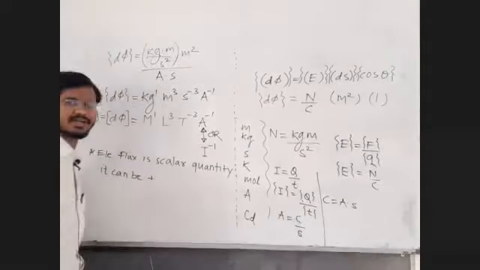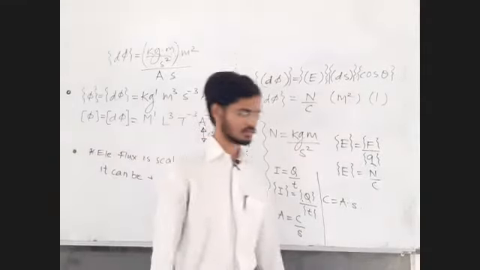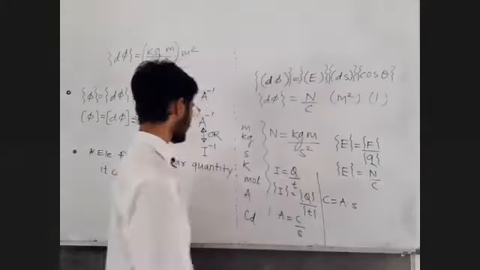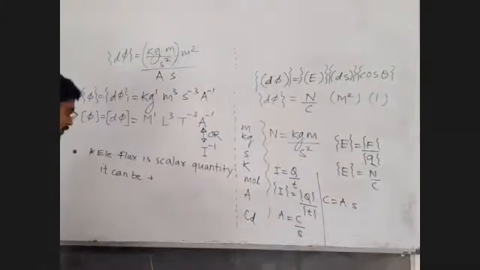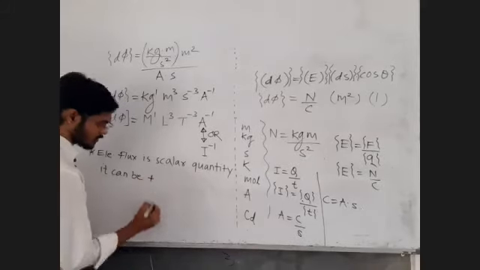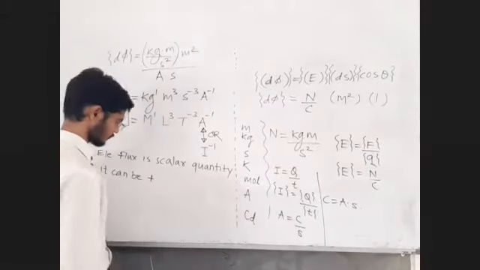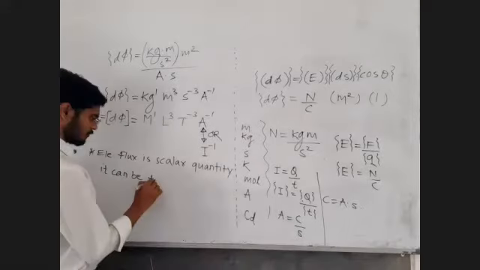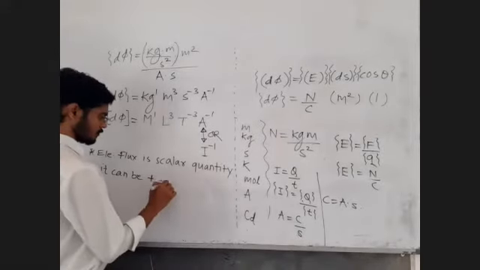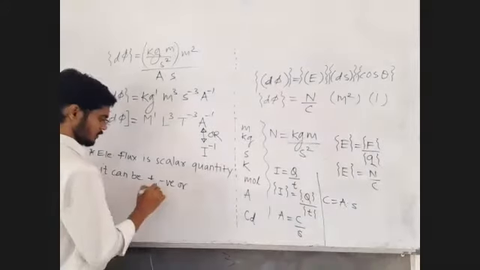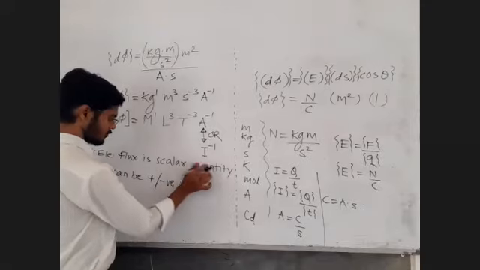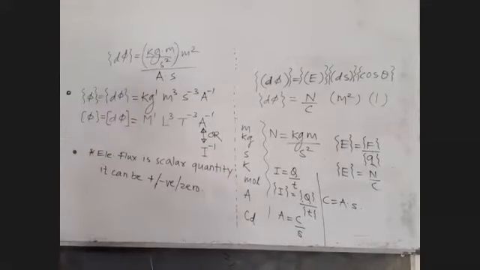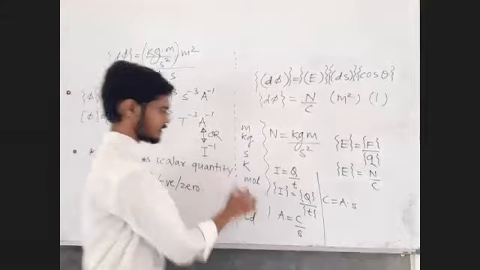Just like work done, the dot product of force and displacement, F bar dot S bar or F bar dot ds bar. It is a scalar quantity, but it can be positive, negative, or zero.